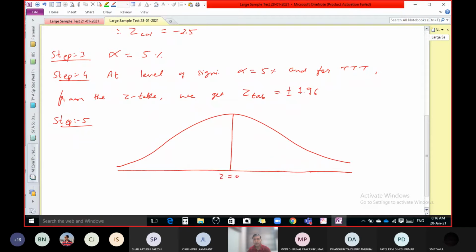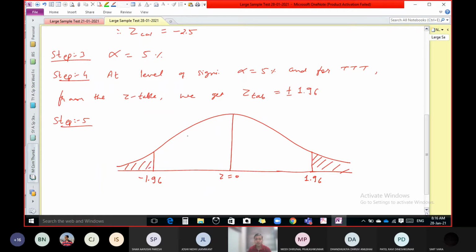First of all, you have to write the value of Z tab. So one value is minus 1.96, and the other value is plus 1.96. And this is our rejection area. This is also a rejection area.